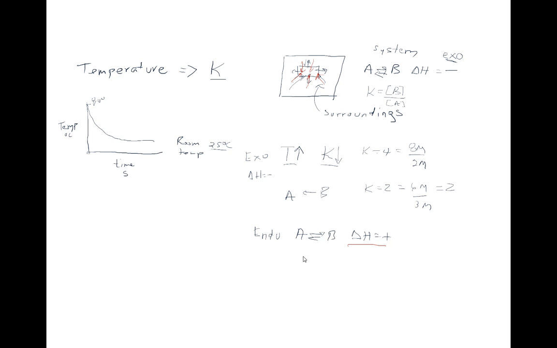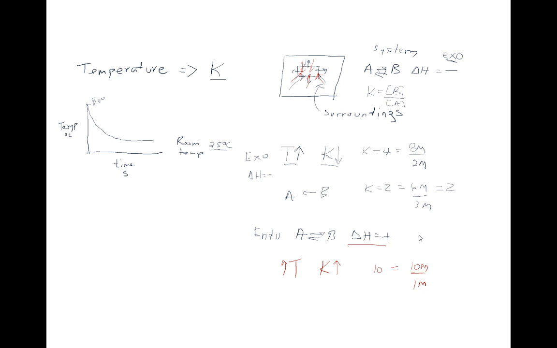All right, so for this, if the temperature goes up, what do you think is going to happen to K? Well, K is going to go up. So we go up to maybe 10 for K instead of 8, and we get something like maybe 10 molar divided by 1 molar for equilibrium.